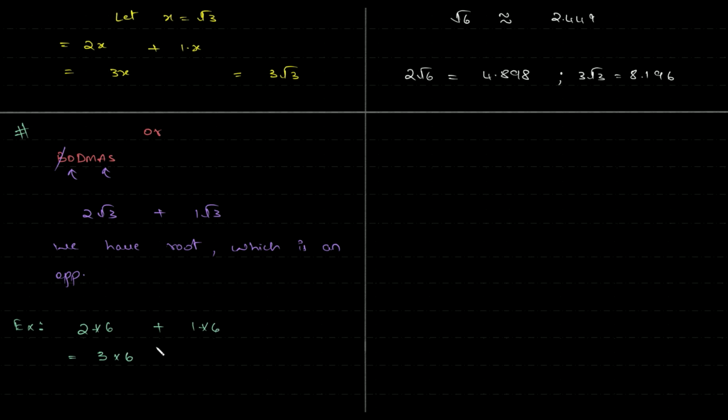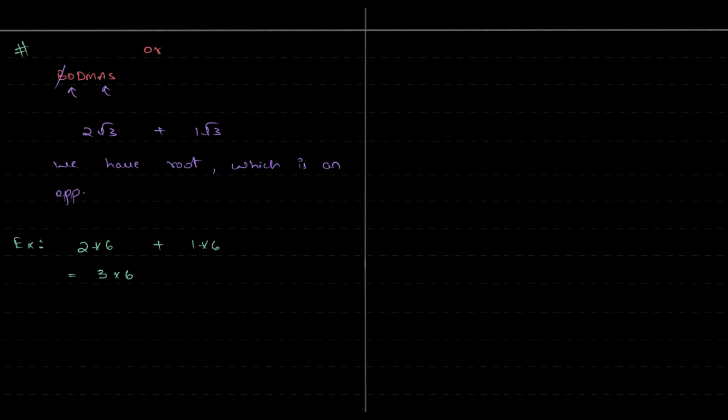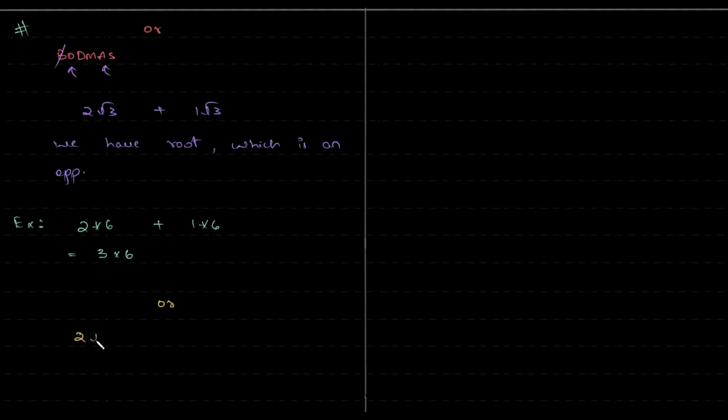Agree? I can explain it this way also, going back to our original multiplication. So we have 2 root of 3 plus 1 root of 3. Guys, as per the definition of multiplication, 2 root 3 can be written as root 3 plus root 3.